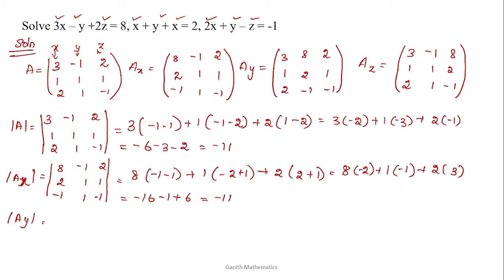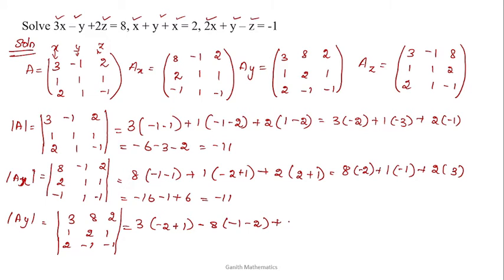Then A y is equal to determinant of 3 1 2, 8 2 minus 1, 2 1 minus 1. Okay, and this will be 3 into minus 2 plus 1, plus, sorry, it is minus 8 into minus 1 minus 2, then plus 2 into minus 1 minus 4.